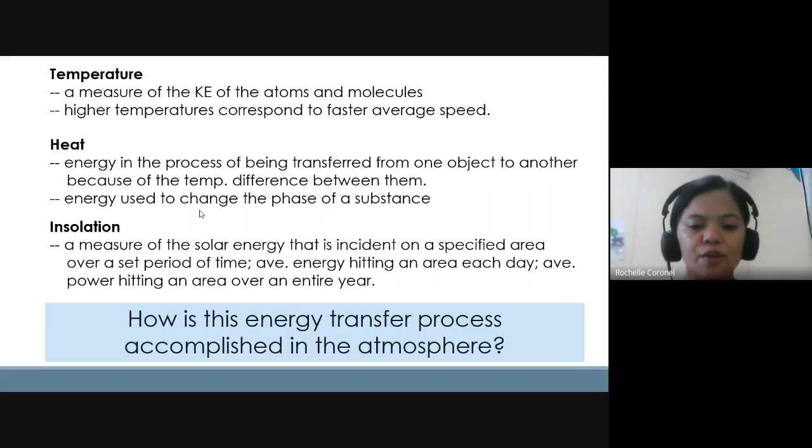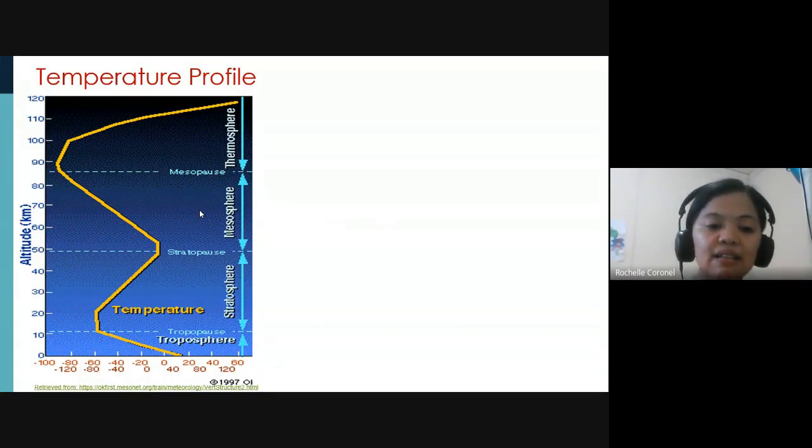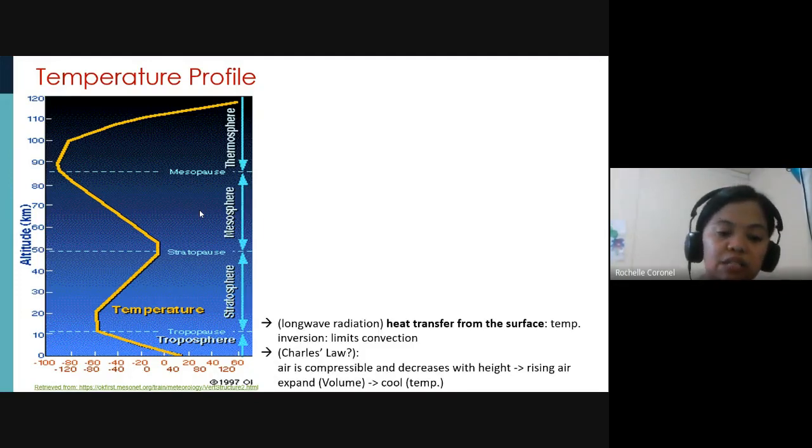Now, how is this energy transfer process accomplished in the atmosphere? Recall the temperature profile of the atmosphere, in particular, as compared to pressure and density. The temperature of the atmosphere is not uniform all throughout. The temperature profile, for example, in the troposphere, is decreasing because the heat comes from the surface.